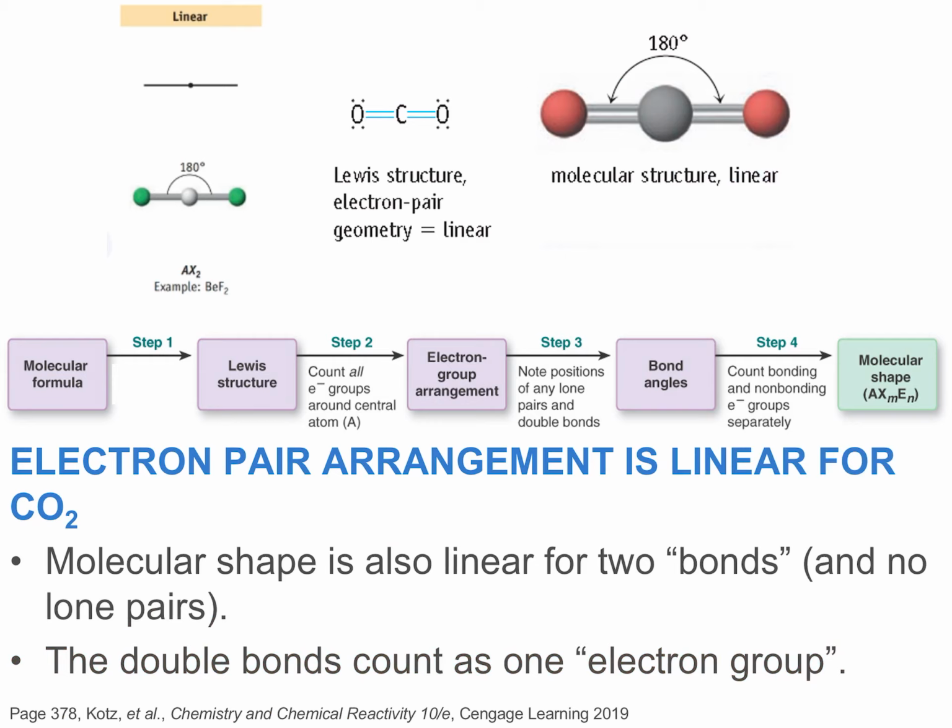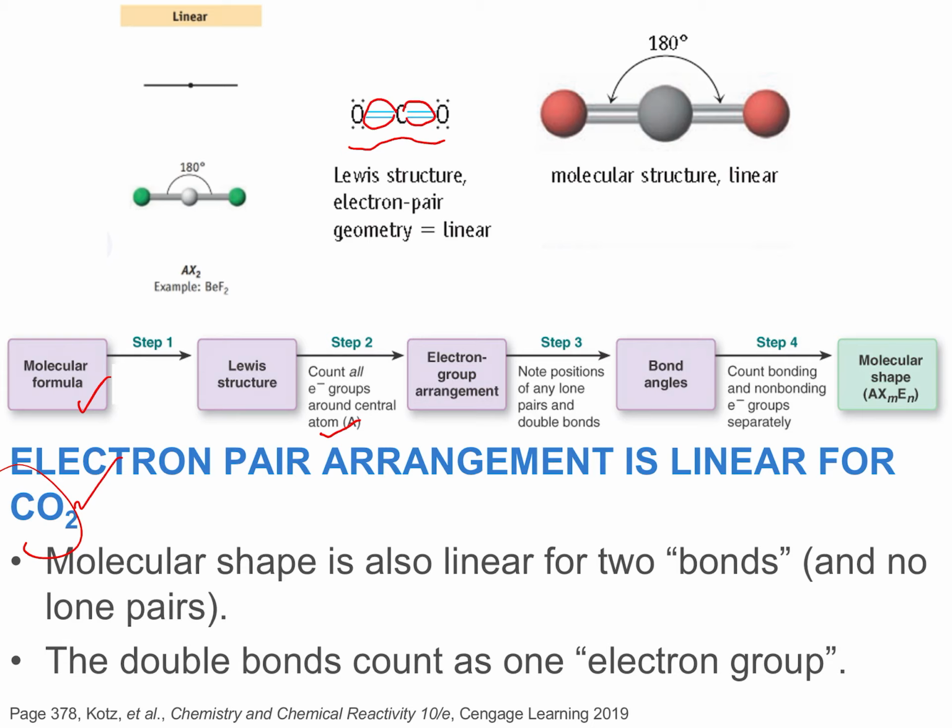Let's do another example. This is for CO2. We draw the Lewis structure, it is right here. In the Lewis structure, the carbon has double bonds to oxygen. So we have the molecular formula, we draw the Lewis structure, and we count all the electron groups around the central atom.